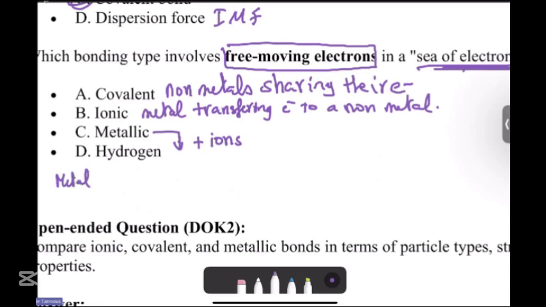So a metal, after losing electrons, becomes a positive ion.